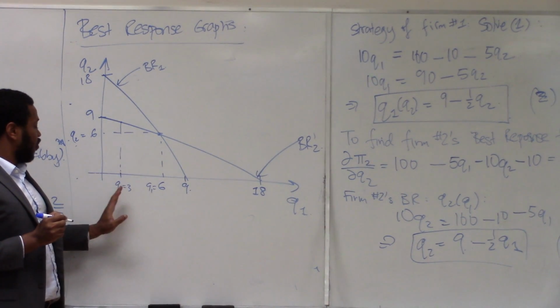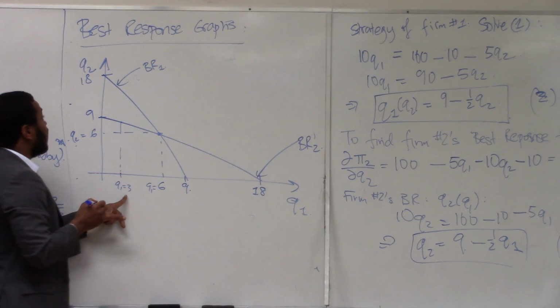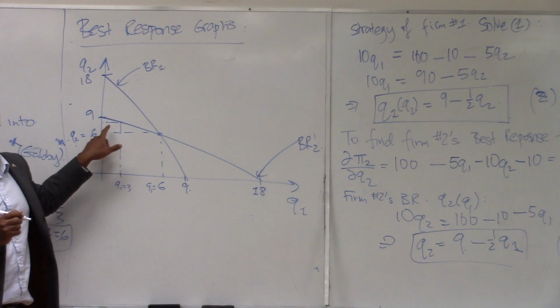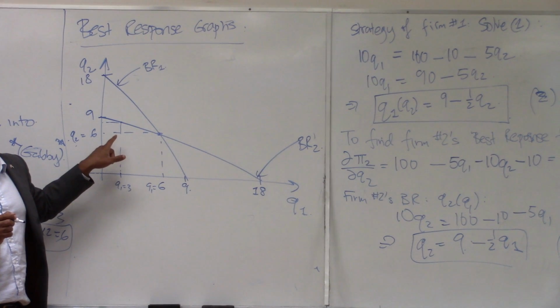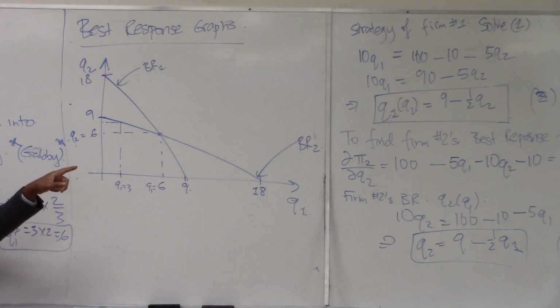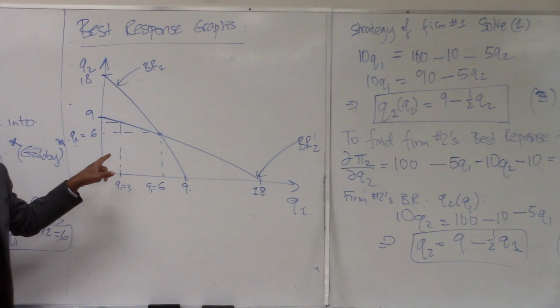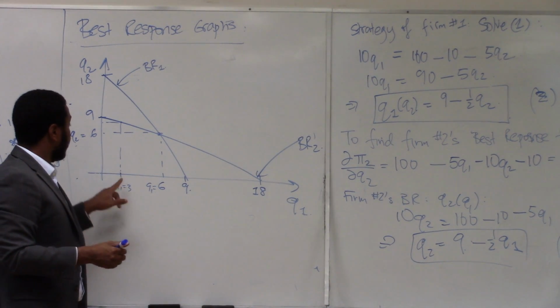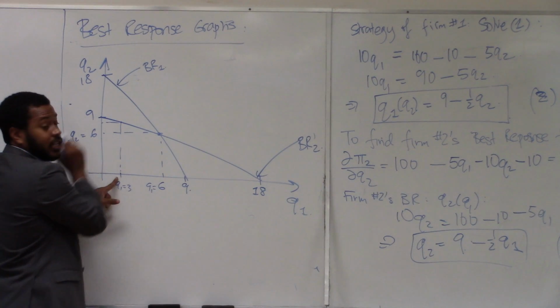And so for Q1 equals 3, the best response of firm 2 is going to be some quantity right here. Does that make sense? Does everybody see that so far? Yeah? Who does not understand this? Okay, good.